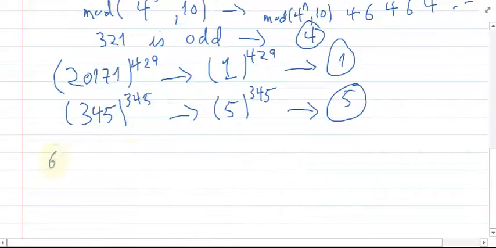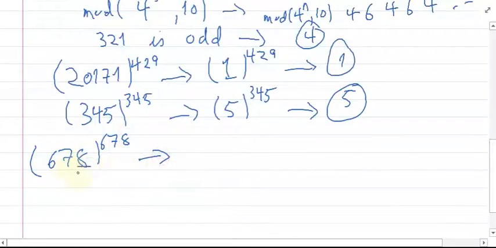Now 678 to the 678. Remember, I can replace the 678 in the multiplication with 8, and I raise that to the 678.